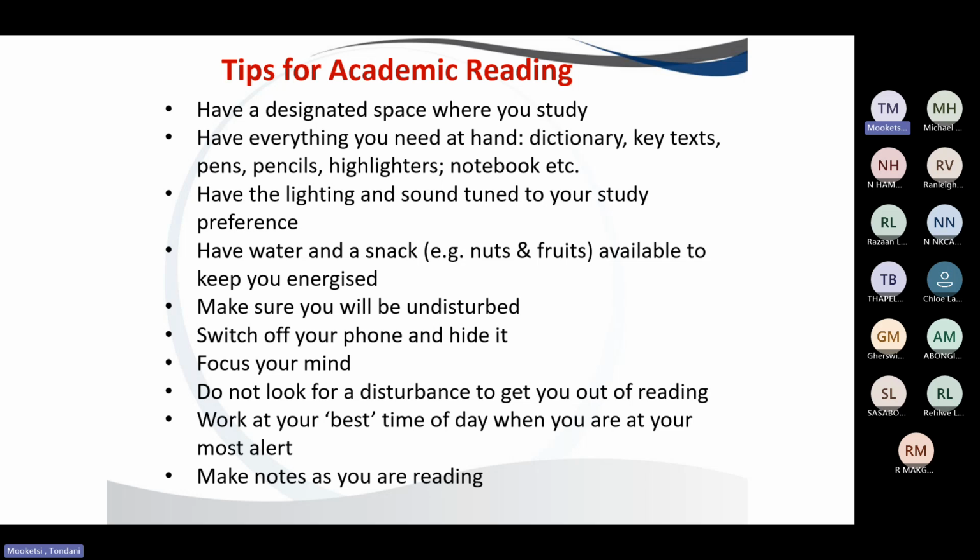If you try to study while you're lying on the couch, it's not going to work. So have a designated space. You know what works for you, and you know what time is best for you to study. So you need to plan around that. Have everything you need on hand so that you don't need to be getting up and getting distracted.